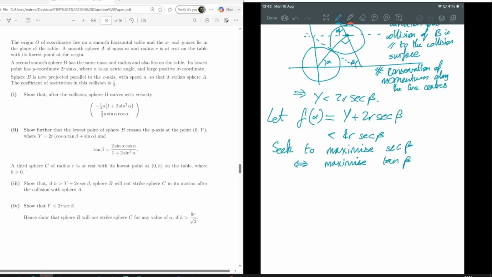If we want the biggest, and again we're in acute angles only, so everything's positive, the biggest sec beta is going to be at the same angle beta as the biggest tan beta.